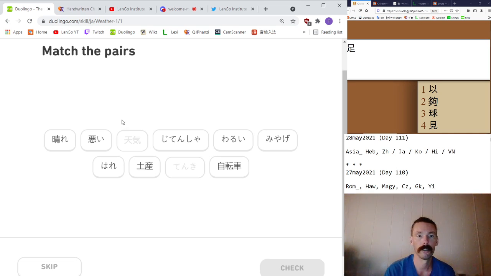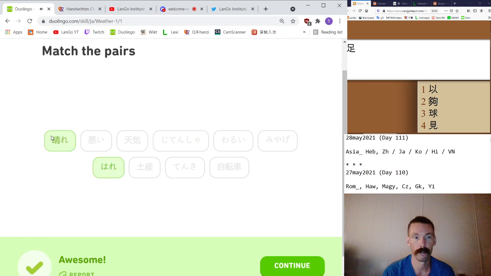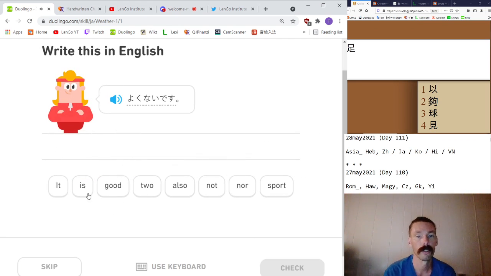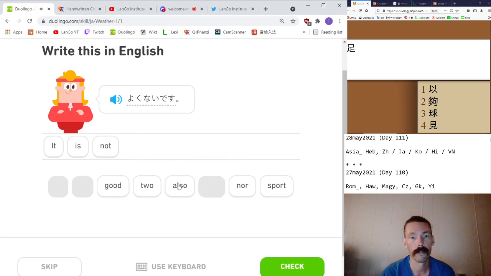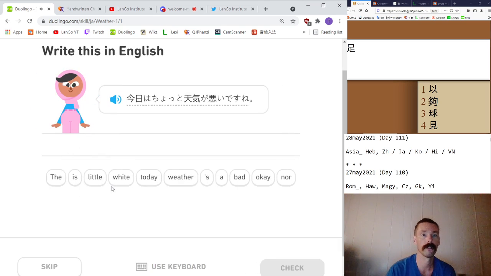All right, a nice long sentence for us. 今日はちょっと天気が悪いですね。 Chotto is a little bit.